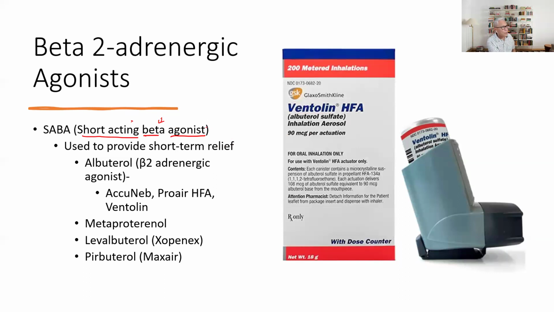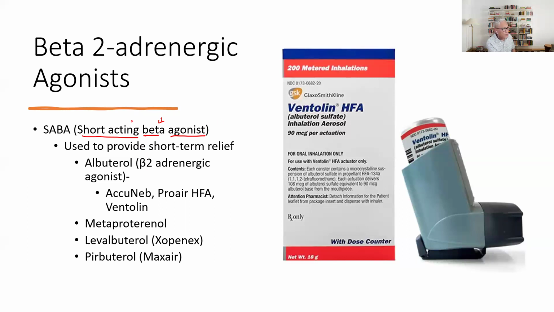All right? So these SABAs are going to be first-line medications for acute treatment in asthma symptoms and exacerbations. They're also going to be used in conjunction with long-acting beta agonists, as well as other drugs like steroids and other drugs that we will be talking about later on.